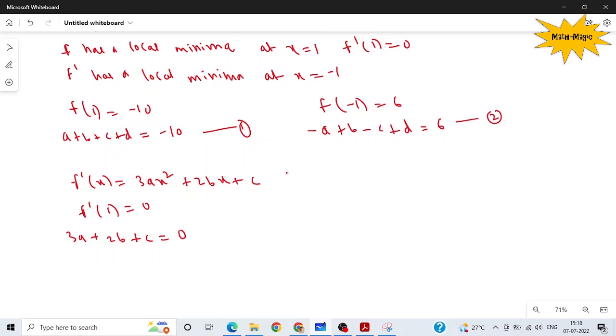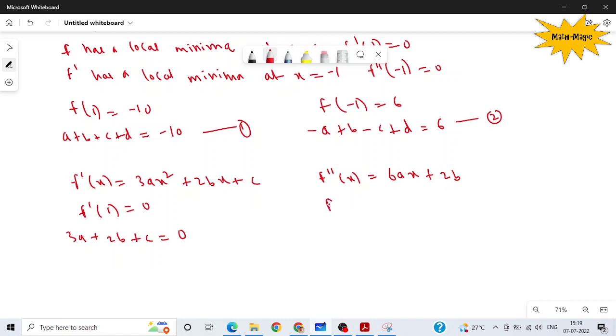Okay, next it is given that f dash has a local minima at x equals minus 1. This means that f double dash of minus 1 is equal to 0. So now let's calculate f double dash of x. F double dash of x is 6ax plus 2b.